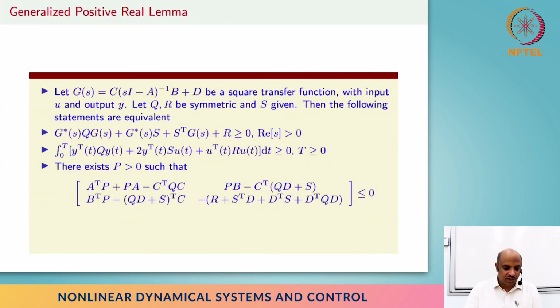If I pick Q and R to be 0 and S to be identity, that becomes positive real. If I pick S to be 0, Q to be minus identity and R to be plus identity, then that becomes bounded real. So this particular result is a combination of both of these and many more, and it is the most general result.